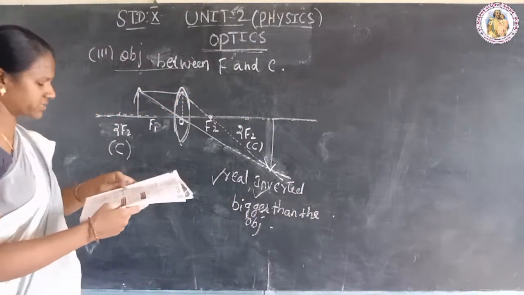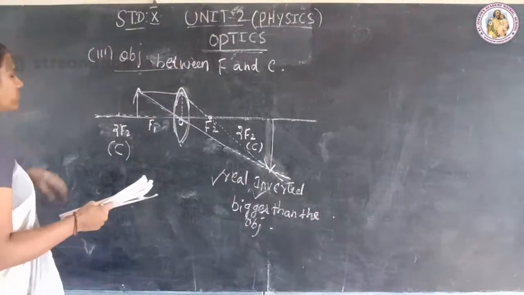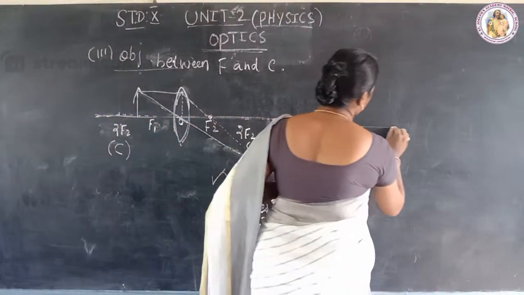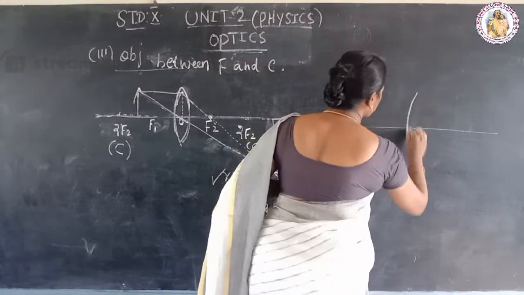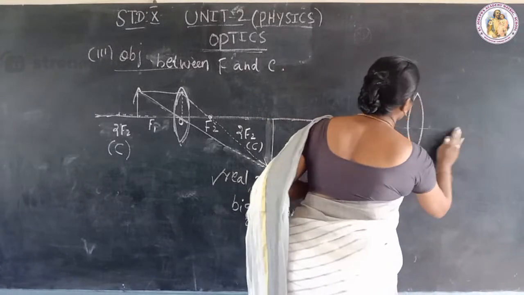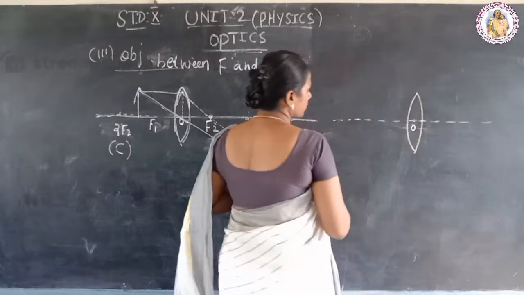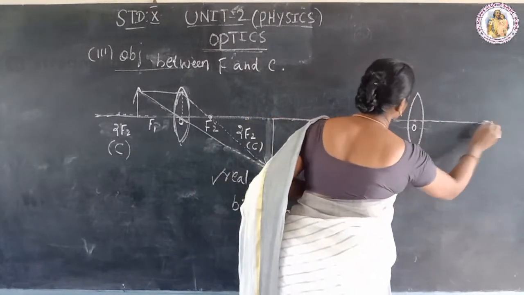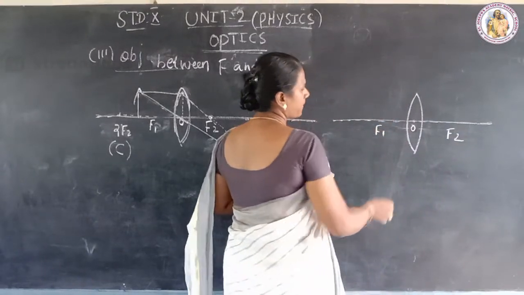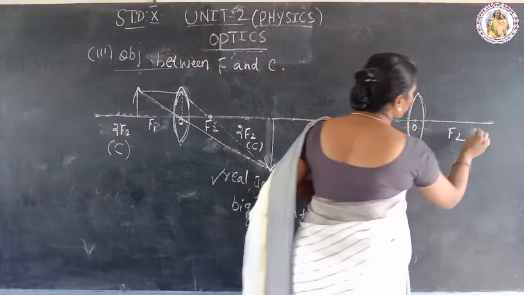So the next case, the object placed at the principal focus. This time I am going to keep the object at this F. O, the principal axis, then F1, this one is F2, then 2F1 and 2F2.